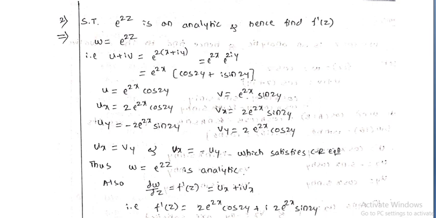Here also observe the results of u_x and phi_y. The results are the same, and phi_x and u_y results are also the same, only the sign changes. So according to the Cauchy-Riemann equations, it satisfies u_x equal to phi_y and phi_x equal to minus u_y.